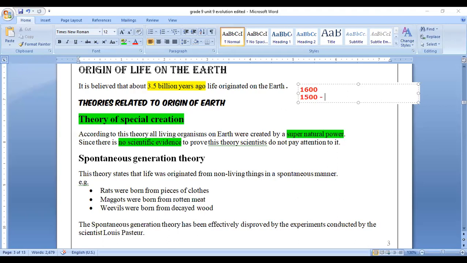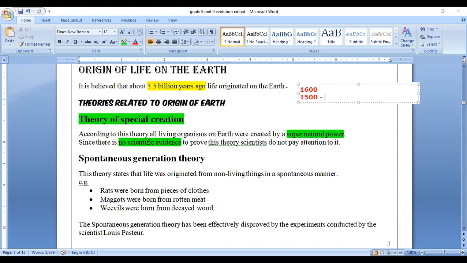Sir, viruses were not believed to exist in the 1600s until the electron microscope was invented. Yes, viruses were believed to occur later. They didn't accept that because they didn't know that.